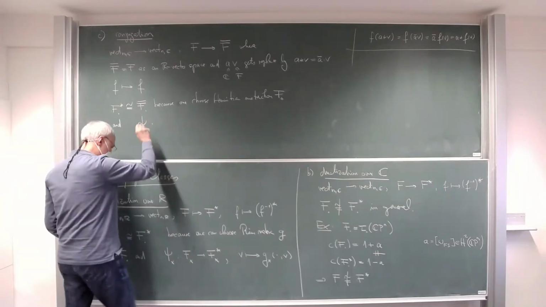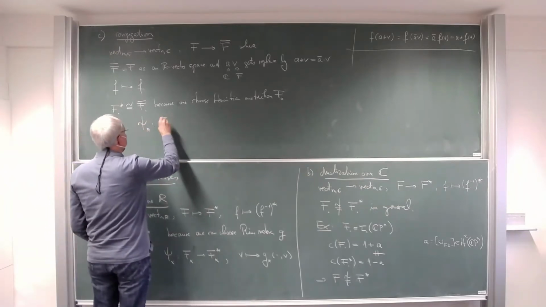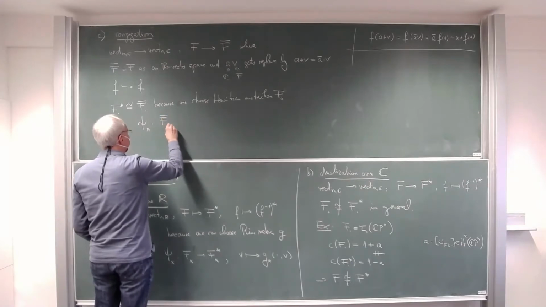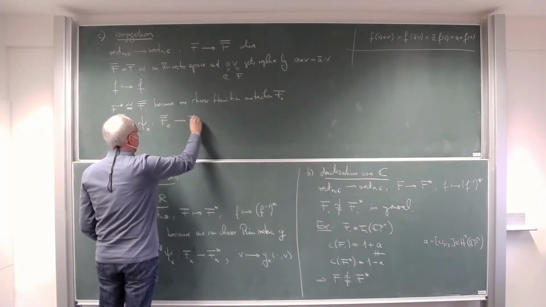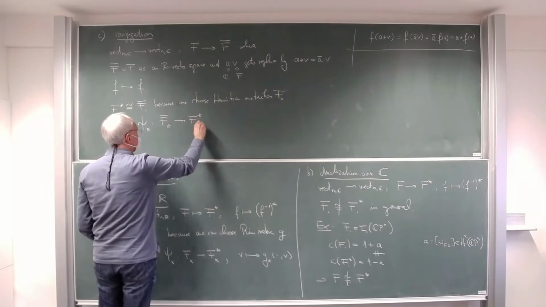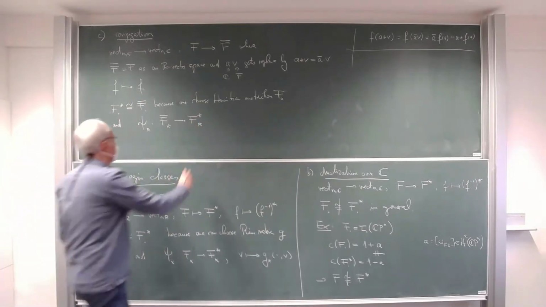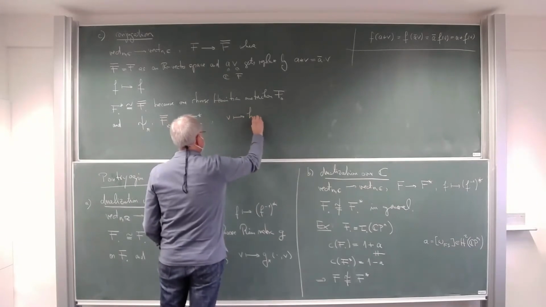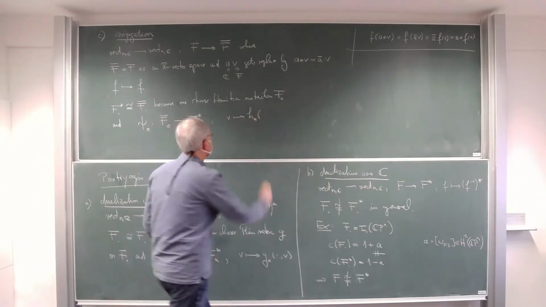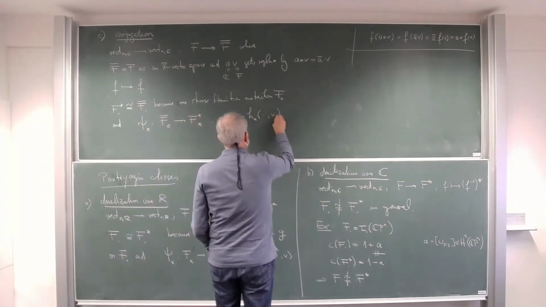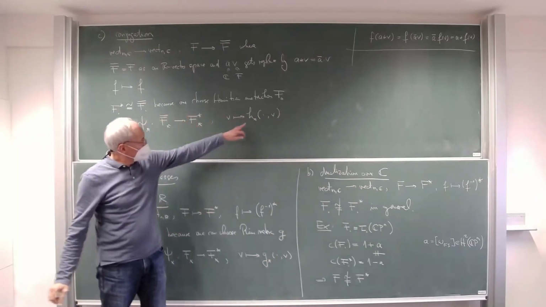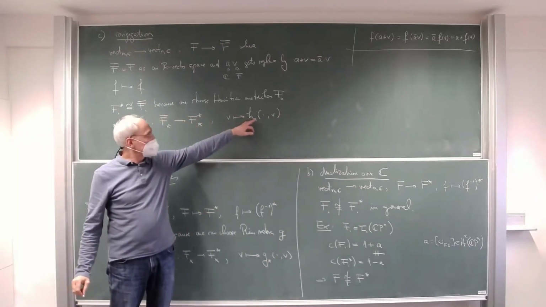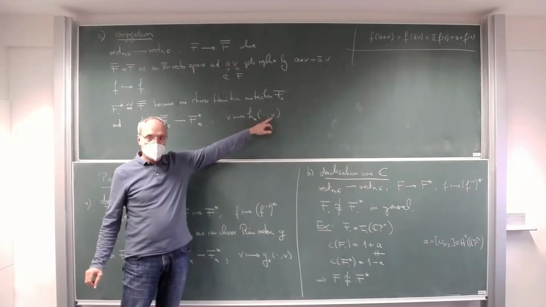Psi x, going from F bar x to F star x, is defined by mapping v to H at x of v with the same thing. So my convention here is the Hermitian scalar product is linear in the first argument and anti-linear in the second argument.